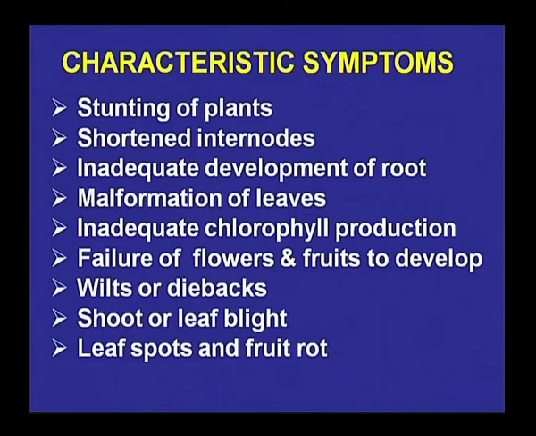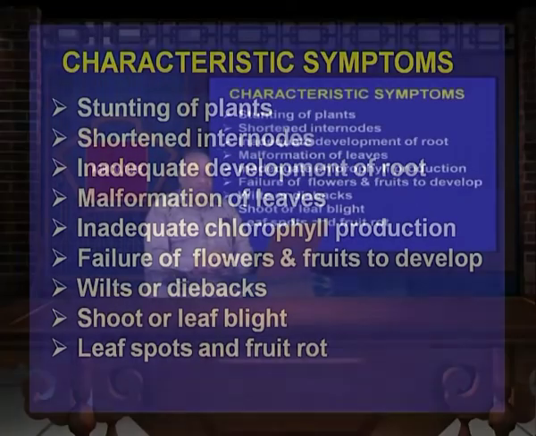Characteristic symptoms of plant disease are mostly stunting of the plants, where internodes become shorter, inadequate development of roots, and malformation of leaves. There is puckering and many deformations in the leaves during diseased conditions, and we see inadequate chlorophyll production in many plants when they are affected by different pathogens.